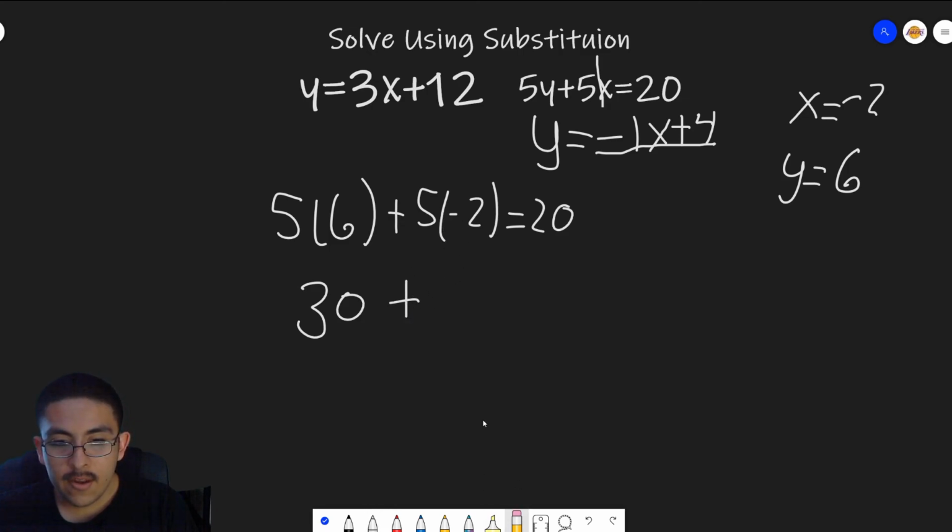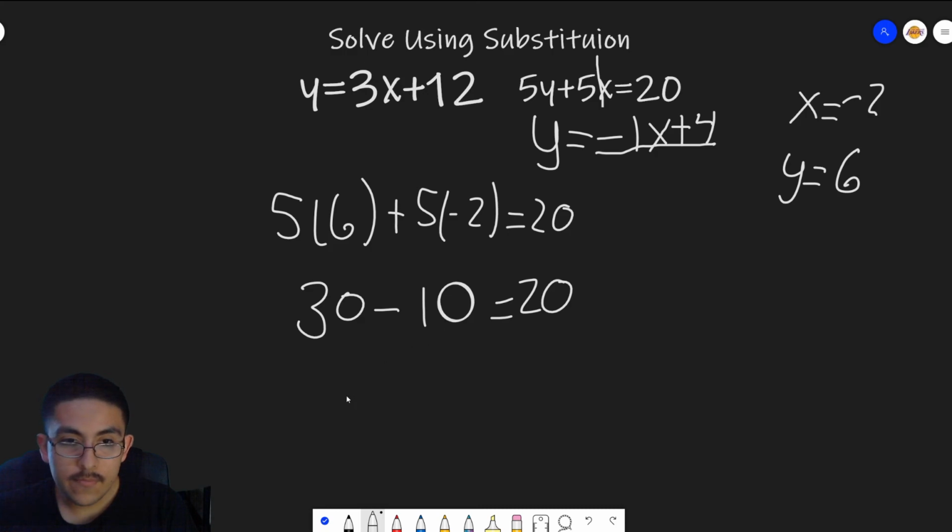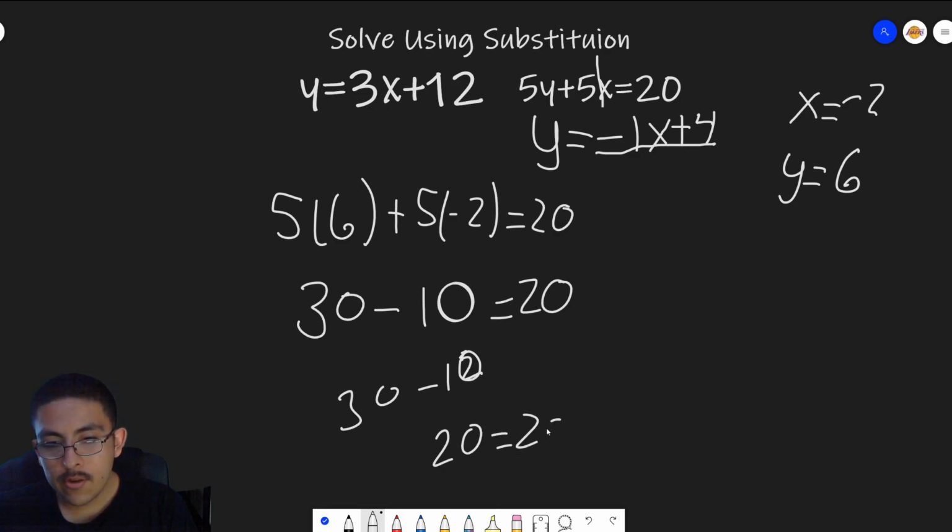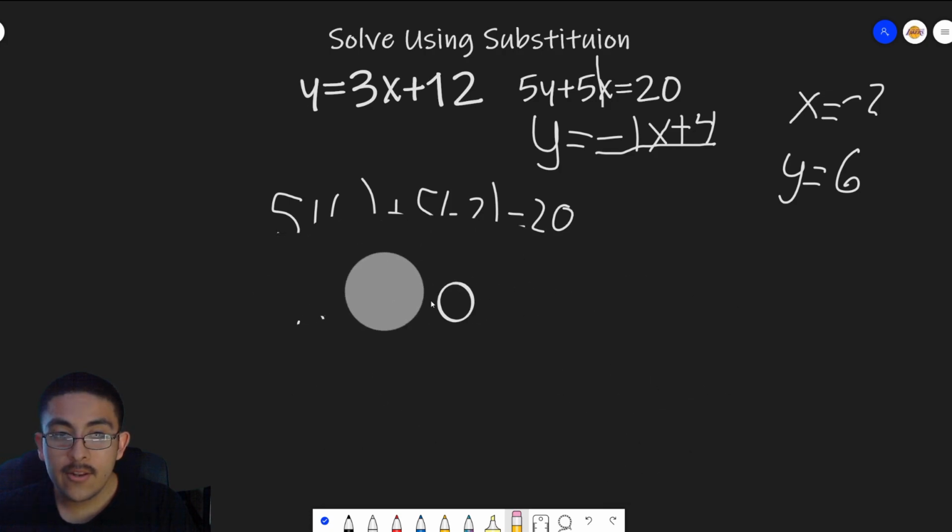So for this, instead of writing plus, we could just write minus, because 5 times a negative 2 is going to be a negative 10. So we could just write minus 10 is equal to 20. 30 minus 10, yep. 30 minus 10 equal to 20, and 20 equals 20, and that's true, and that checks out. And now let's plug it into the other equation.